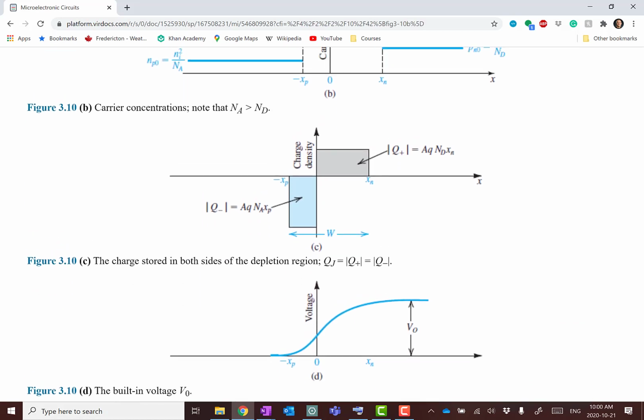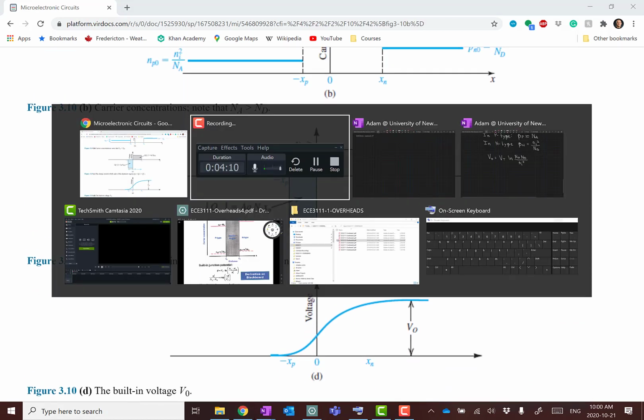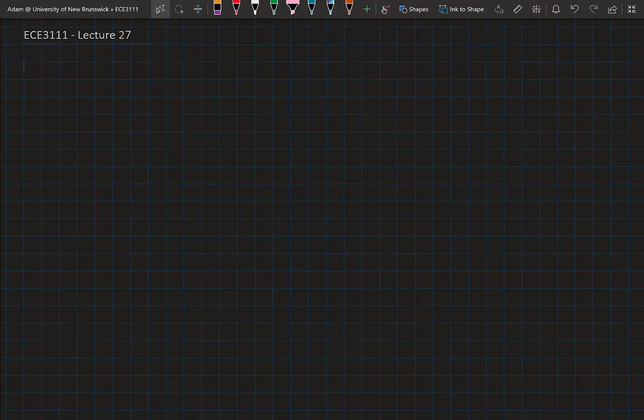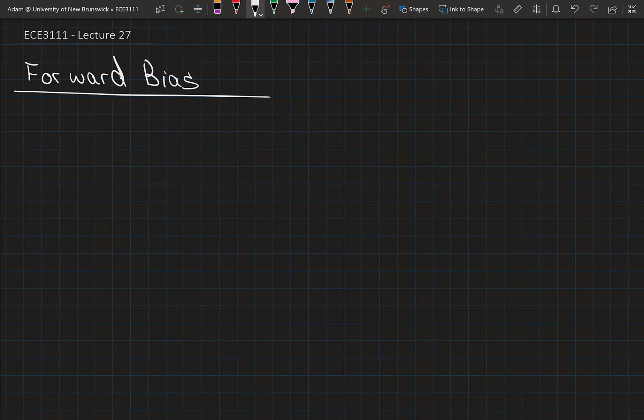Okay, so with that, let's jump back to today's lecture, where we want to talk about the forward biased case. Okay, so what happens to this PN junction when we're under forward bias?